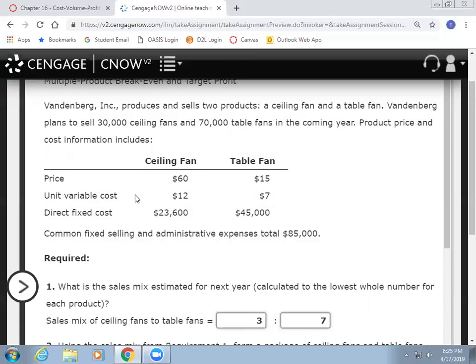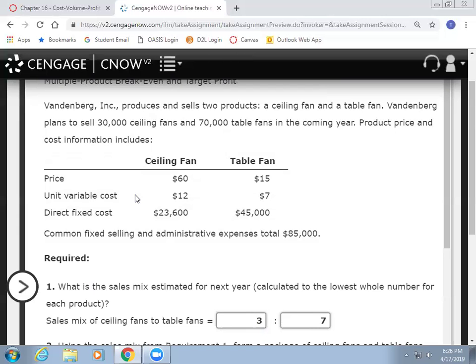For ceiling fans, I multiply the unit contribution margin times the 3 sales mix, so its package contribution margin is $144. For table, I multiply by the 7, its sales mix, so its package contribution margin is 56.